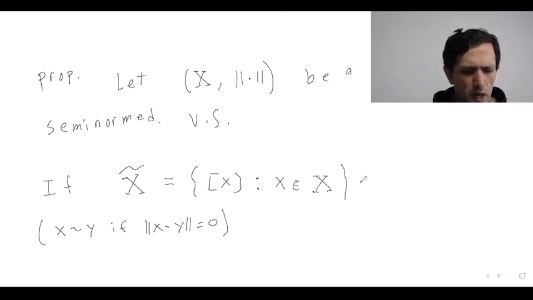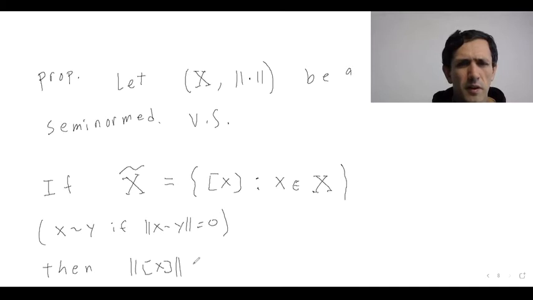Right, so if we define this new vector space in the following way, then we can define a norm on X tilde in the obvious way.